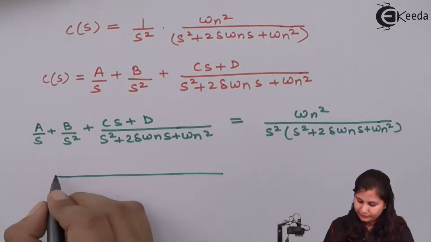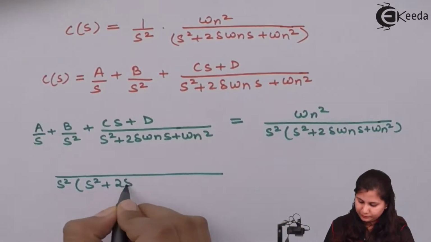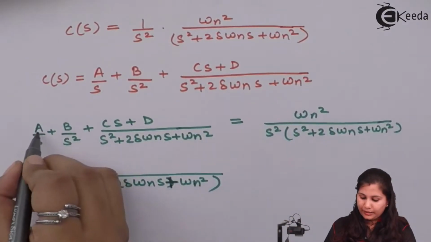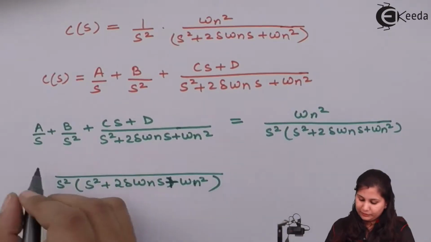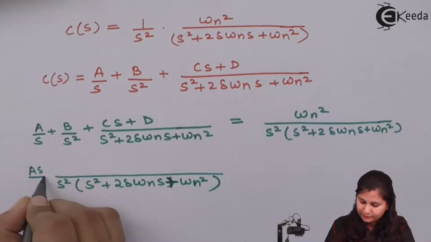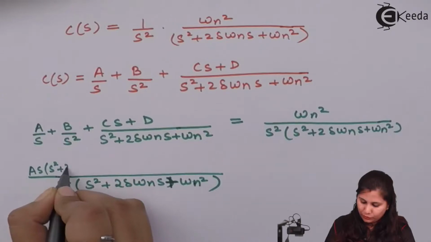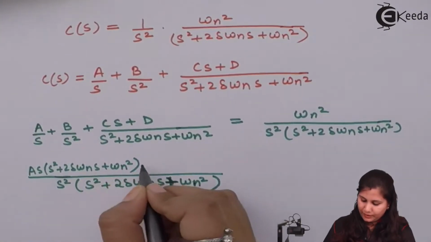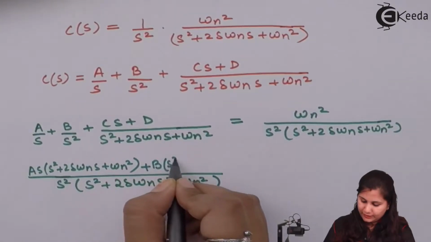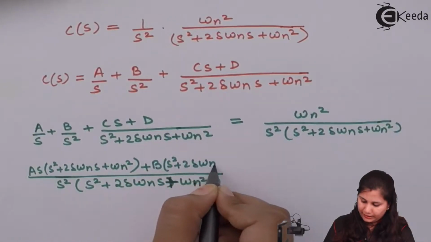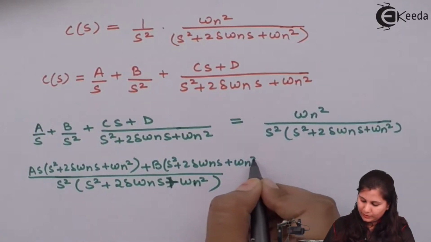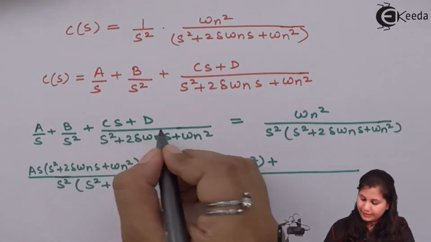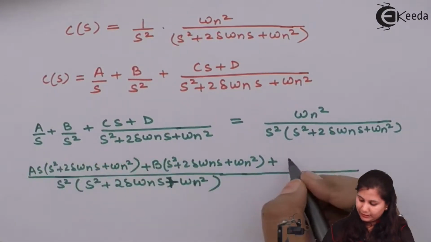The LCM gives A multiplied with s, times s square plus 2 delta omega n s plus omega n square, plus B multiplied with s square plus 2 delta omega n s plus omega n square, plus (Cs plus D) multiplied with s square.